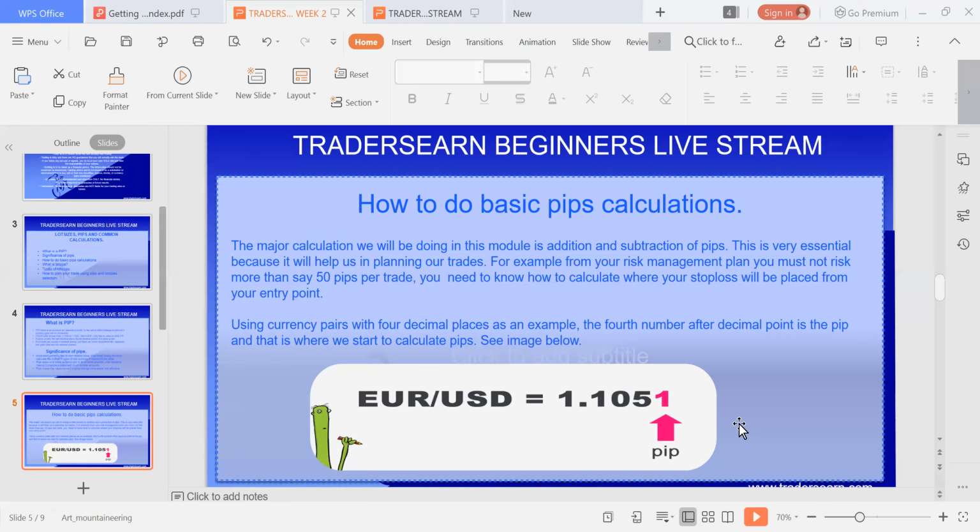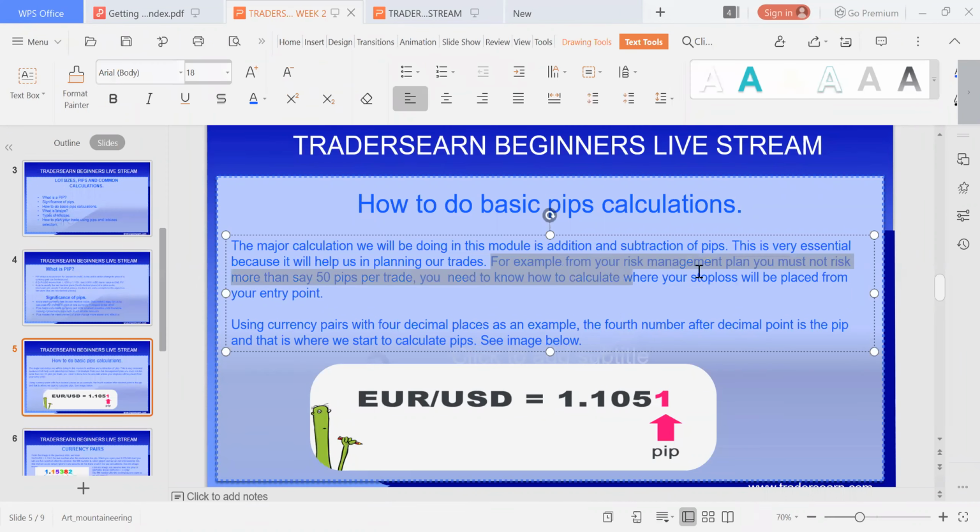So before you enter a trade, you must plan how much you want to lose and how much you want to make on the trade. And you can't do that without knowing how to do this basic calculation of pips.